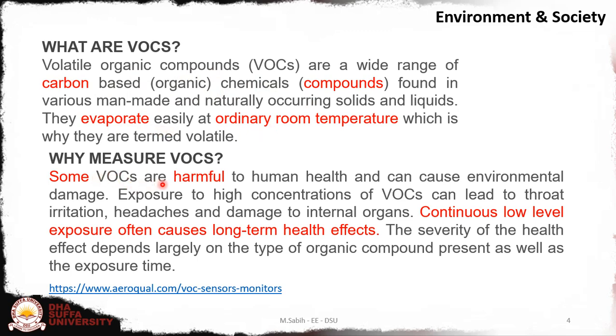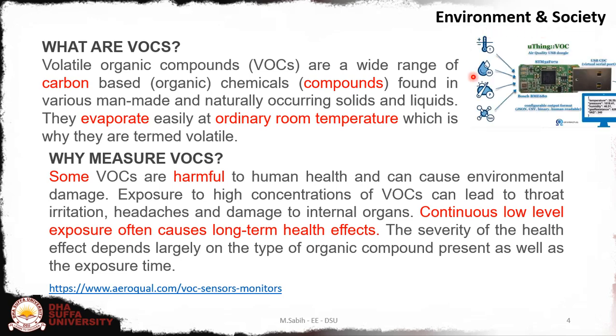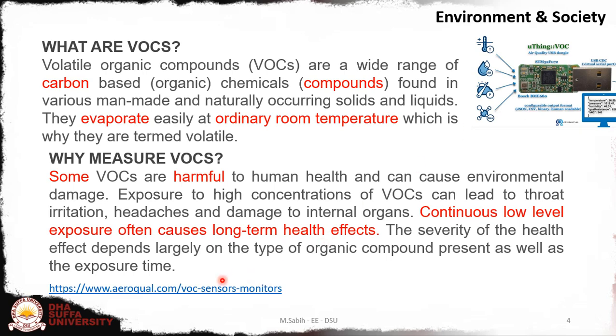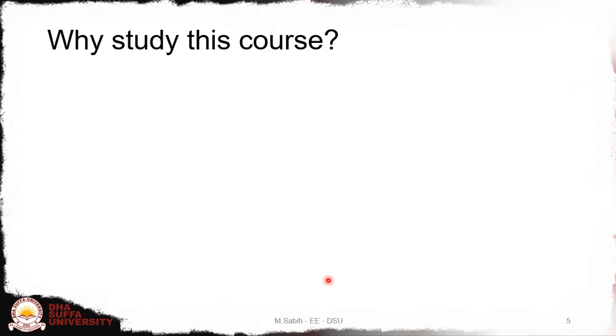Some of these VOCs are very harmful, and continuous low-level exposure often causes long-term health effects. So measurement is also an important tool to know about our environment and society. This is an example of a tiny VOC sensor, and you can explore more on the links that I have provided here.